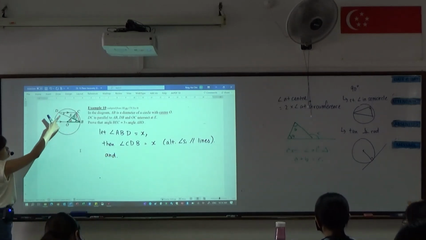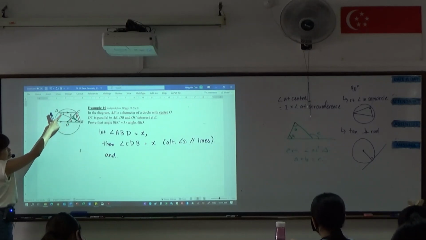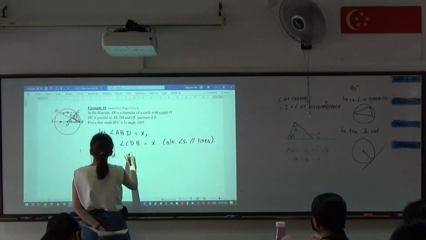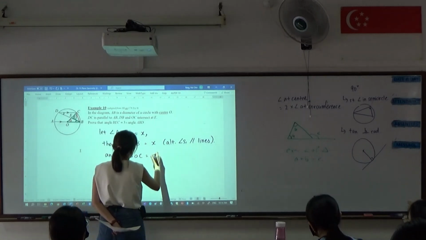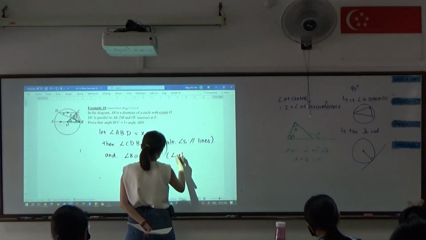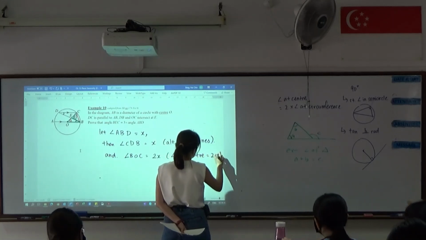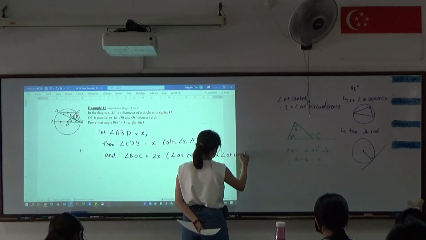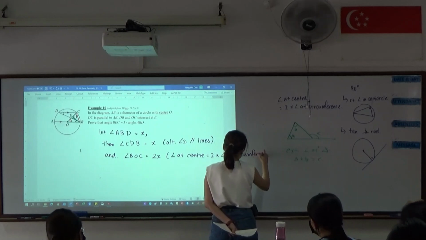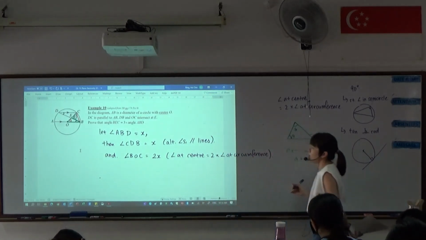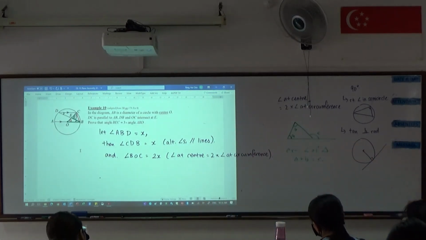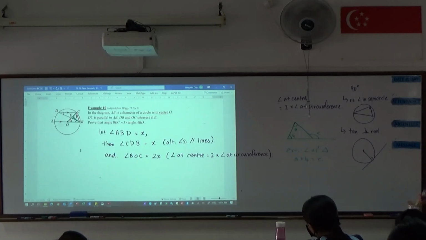And then we talk about how this is actually double of this. So angle BOC equals to 2x, because of your angle at center equals to 2 times angle at circumference.